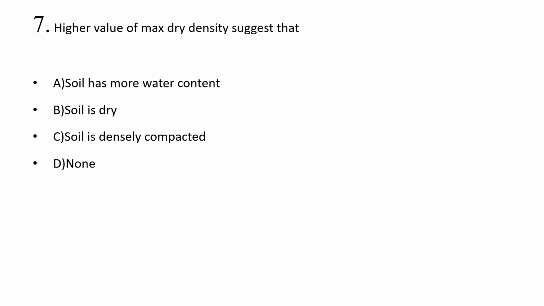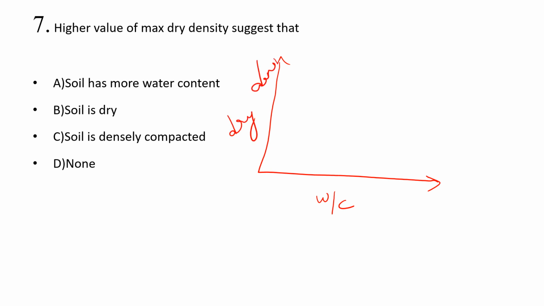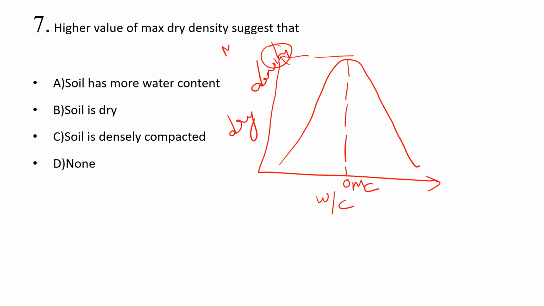That is, you are having your compaction curve where on the x-axis you will be having your water content. On the y-axis, you will be having your dry density. And after compaction, you will be getting the compaction curve like this, and the peak value gives you the optimum moisture content, and here the peak corresponds to maximum dry density.